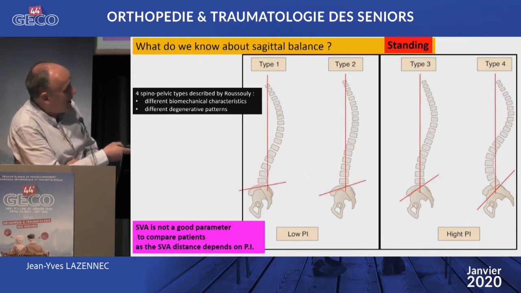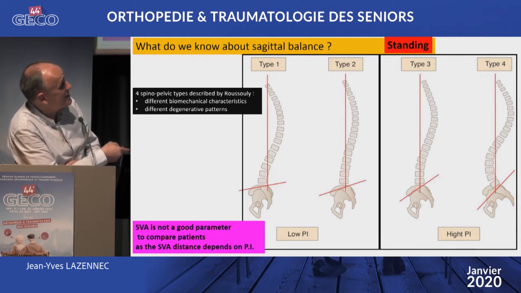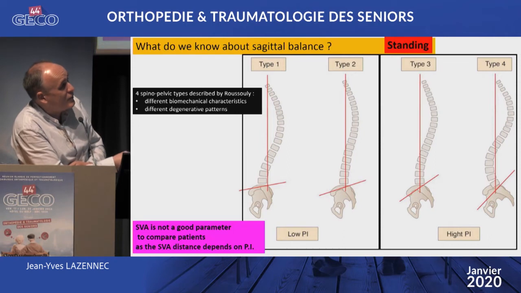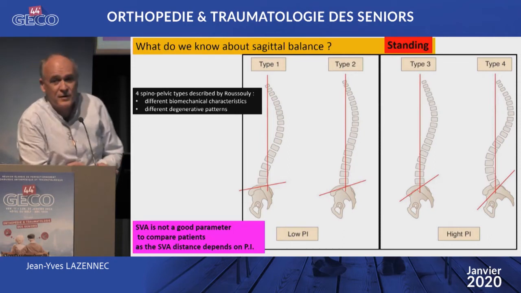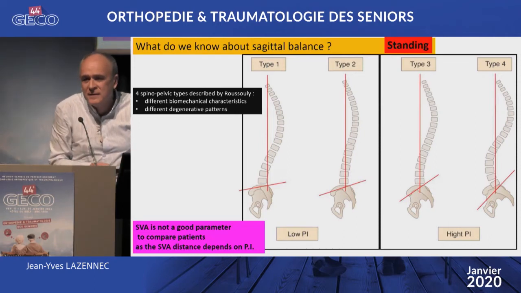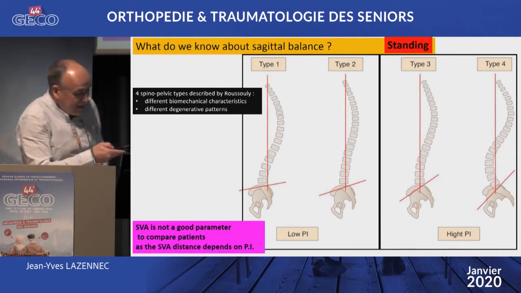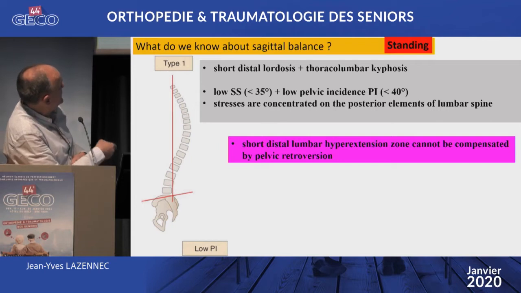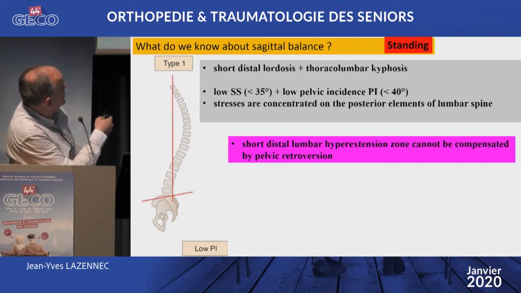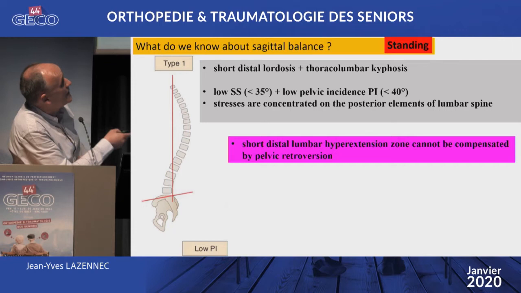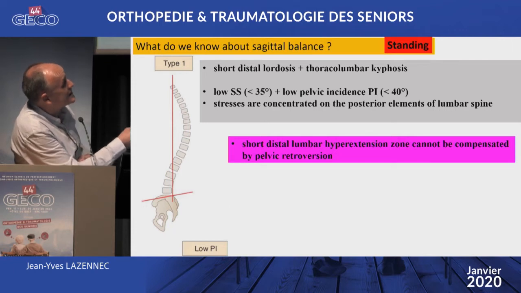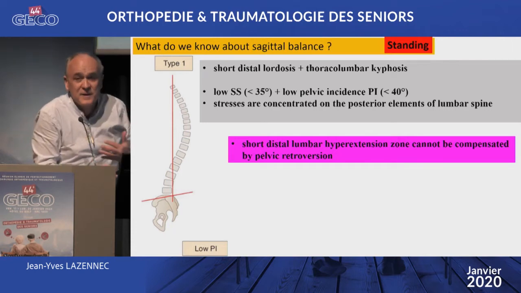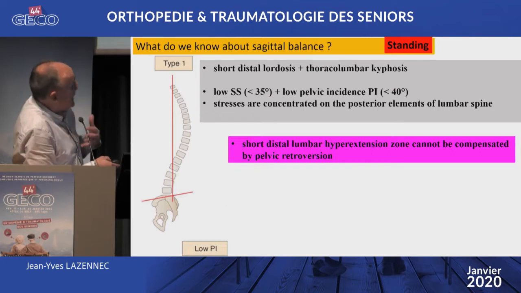While it's very interesting because some patients will have a narrow pelvis with a low pelvic incidence, another will have a high pelvic incidence. You might say, well, this is of no interest for us, pelvic surgeon. But no, it is interesting because those who have a small pelvic incidence have a very particular spine geometry with no retroversion of the pelvis.